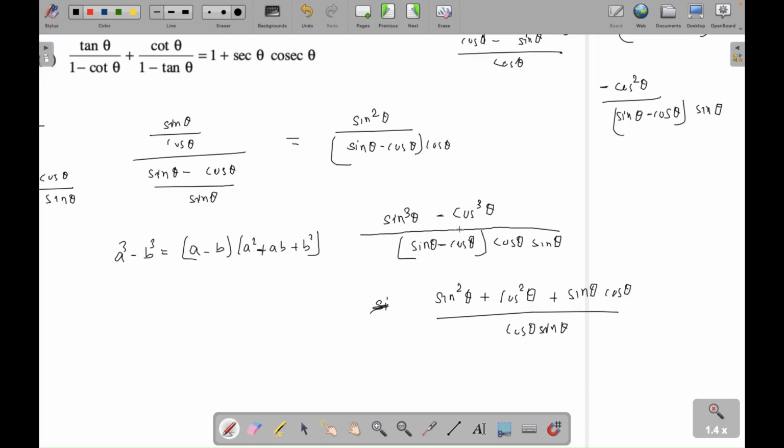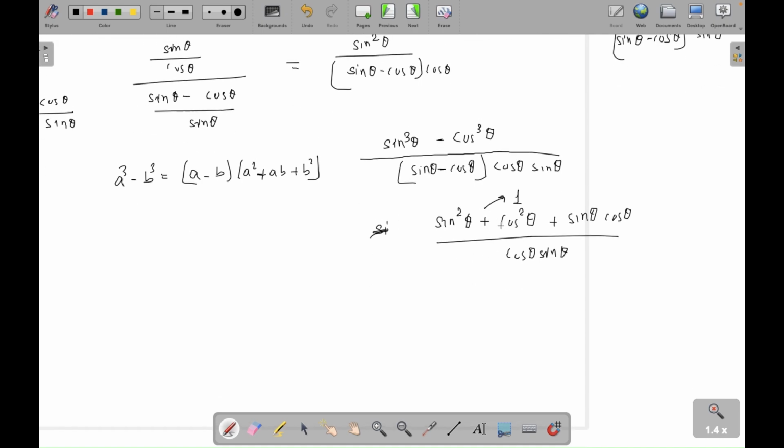Sine theta minus cos theta in the numerator and in the denominator gets cancelled. This becomes 1. So now you have 1 plus sine theta cos theta upon cos theta sine theta. Right? So you can write this as 1 upon cos theta sine theta, and then plus sine theta cos theta upon cos theta sine theta, which becomes 1 automatically.